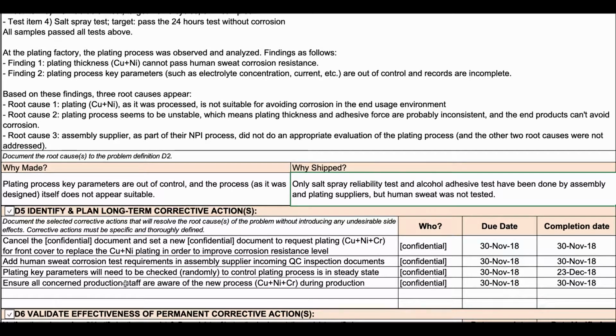The key parameters of the plating need to be checked from time to time. Okay, is it steady or not? Is the process steady or not? Okay, there are ways to check, for example, adhesion and thickness. And production staff all to be aware of the new process during production, obviously.